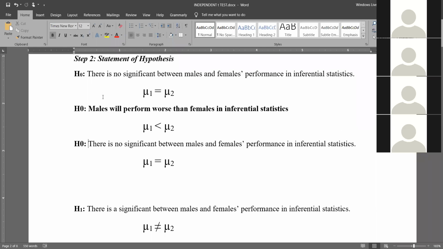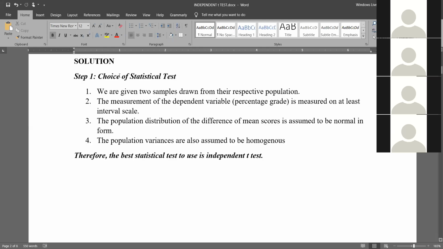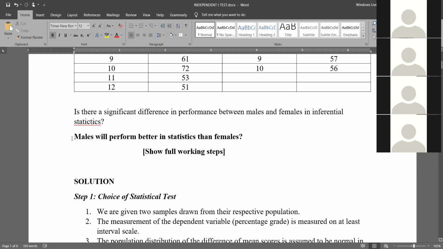The thing is, I indicated that within the question, they could state it like this. Instead of saying, is there a significant difference, they can pose it like this: males will perform better in statistics than females. So I said the alternative hypothesis is always what you get in a question because a prediction has been made.